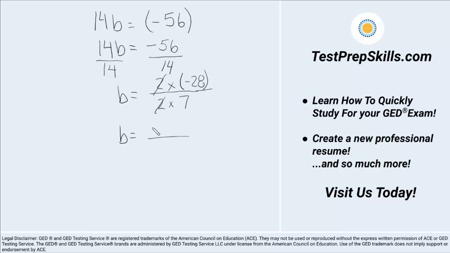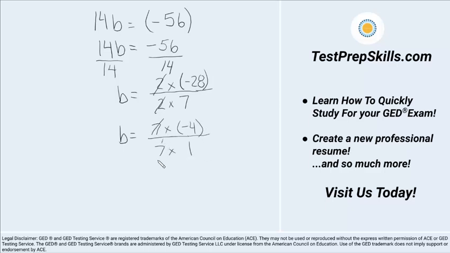Well, let's see. We can write 7 times negative 4, okay? And then in the denominator, we just have 7, okay? So we can rewrite that as 7 times 1, okay? Because we can always multiply anything by 1. And the reason I'm doing this is because I want to cancel these 7s, and so I'll still have a number in my numerator and in my denominator.